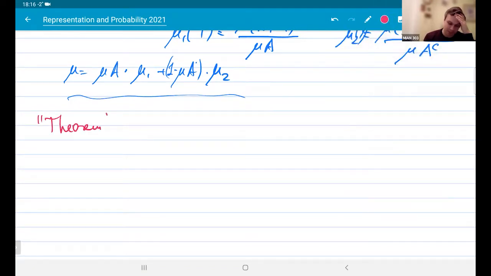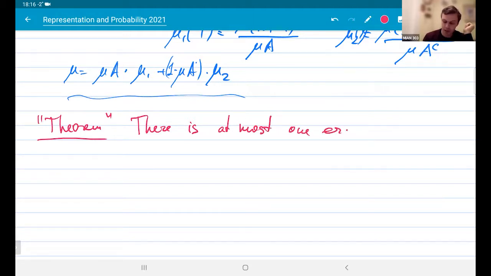Theorem: there is at most one ergodic measure. Proof. Well, take any function.